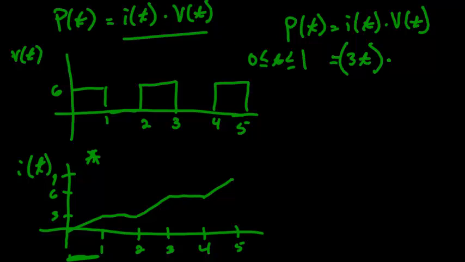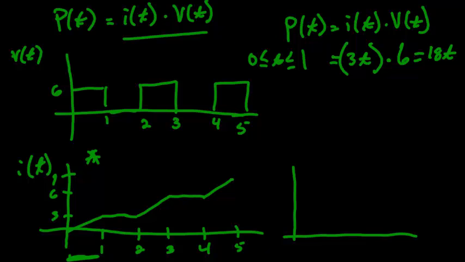And v of t is what for that interval? 6. So this is going to look like what? 18, exactly. So this is going to be 18t. 18t is just a straight line with a slope of 18 versus 3. So it magnified the slope. That's all it did. And so we can redraw that time interval now.